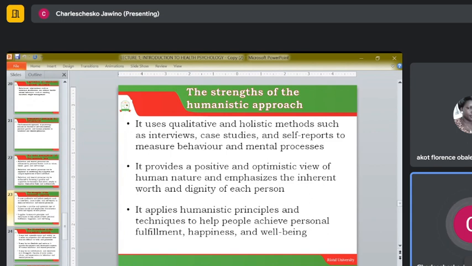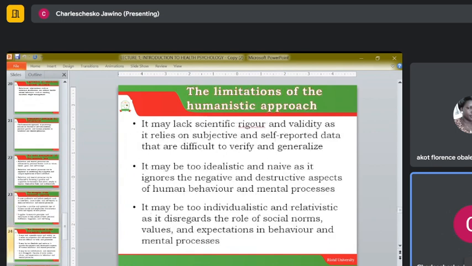What do you take as your values of life? What are some of the things that you want to achieve in life? Such principles determine a lot in the fulfillment of human well-being, and that is the strength of this humanistic approach.